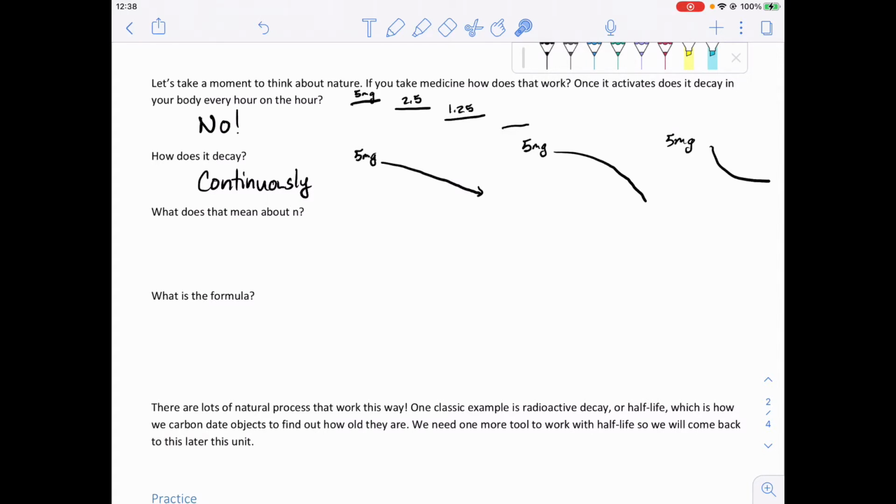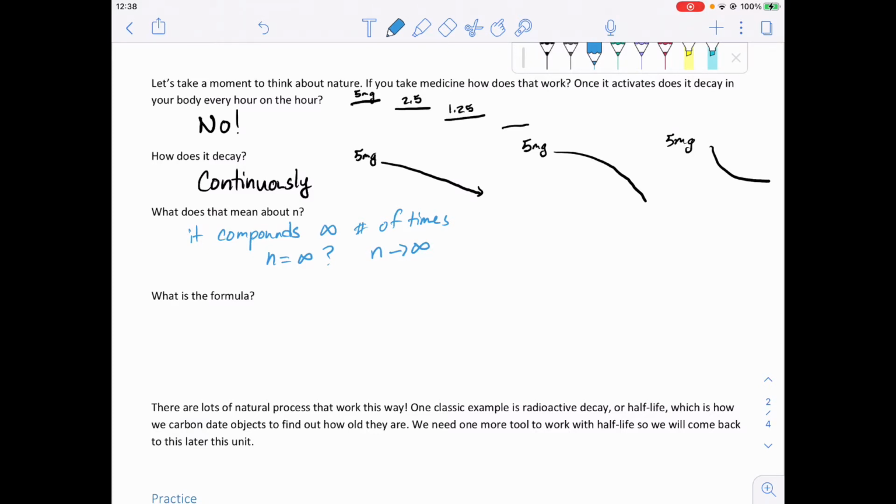So what does that mean for n? That means it compounds an infinite number of times, right? So n equals infinity. Well, that's not really a thing we say. We say that n goes to infinity. And so we get some interesting behavior here that we're going to look at in a later activity.